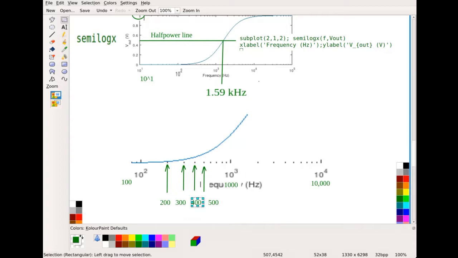Let me shift these a little bit. So that's 400, and this one is 500.